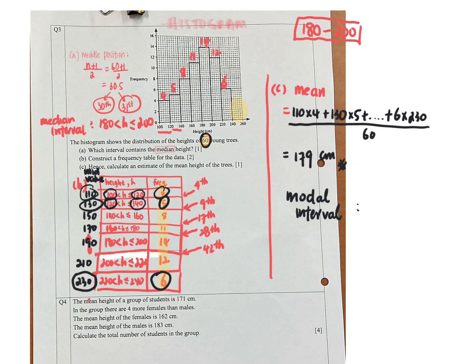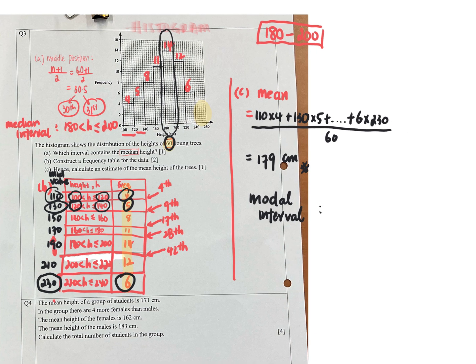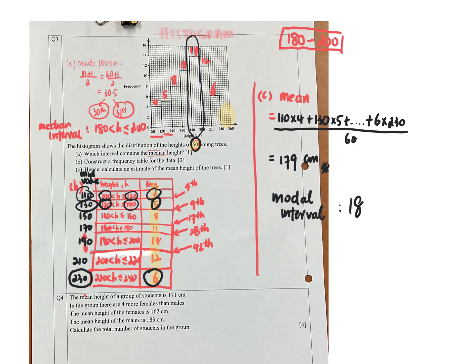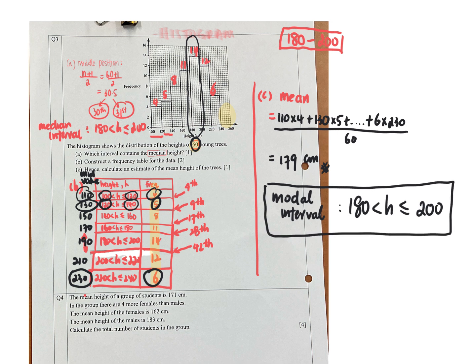The tallest one. So you will write 180 to 200. So this is the modal if they ask. Okay, so if I ask you mean, mode, median, I give you any kind of diagram, you should be able to calculate.